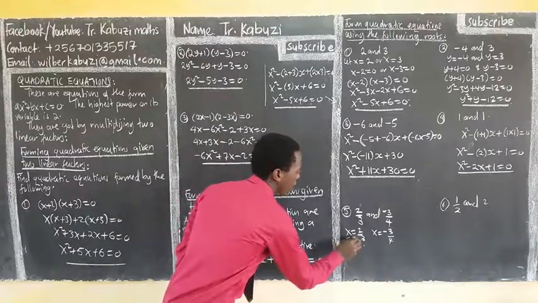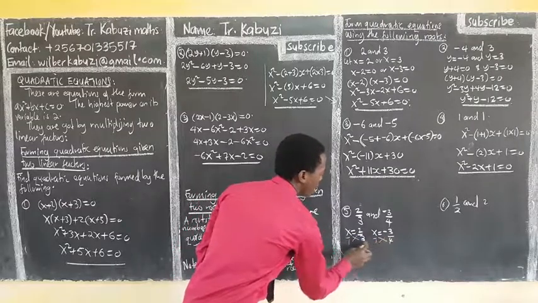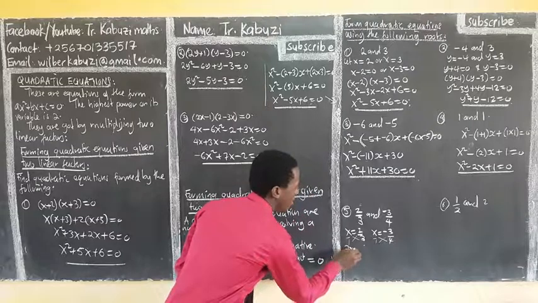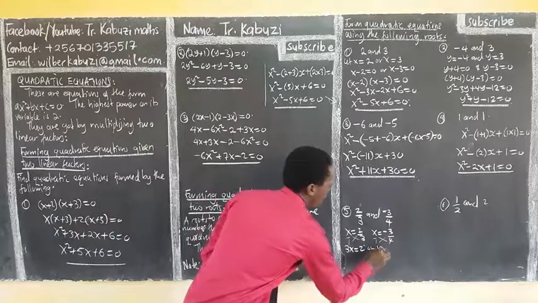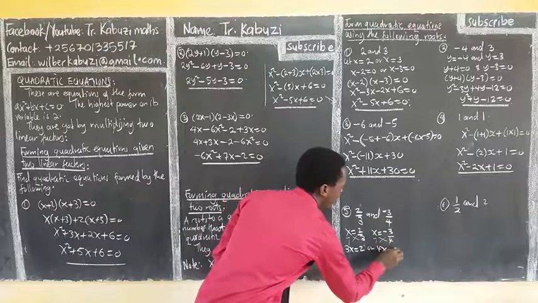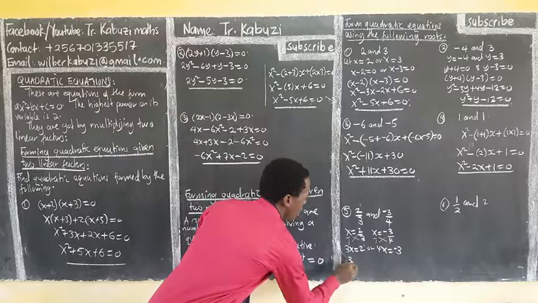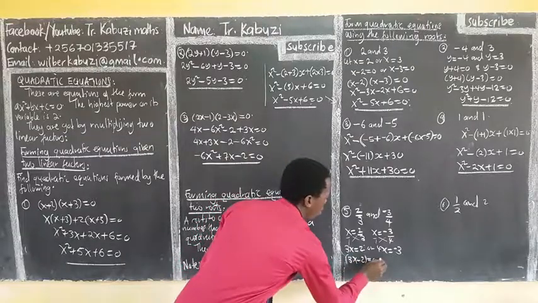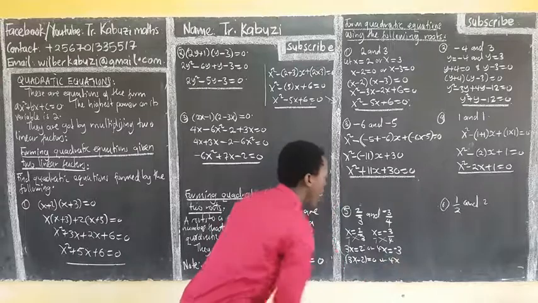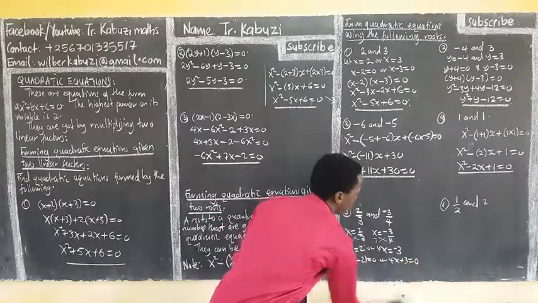So this is 1, you multiply like this. Also this is 1, you multiply like this. So we are having 3x equaling to 2, or 4x, this time this equaling to negative 3. Then from there, you take them beside, so you have 3x minus 2 equaling 0, or 4x, now this is minus, becomes plus 3 equaling 0.